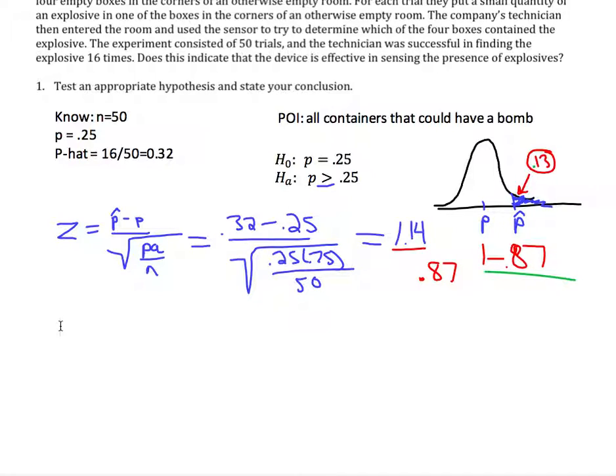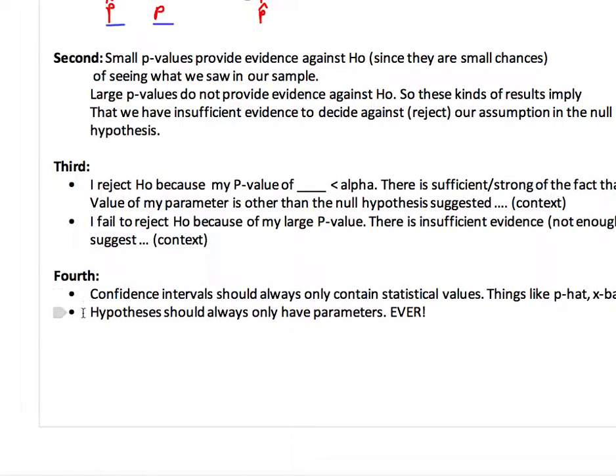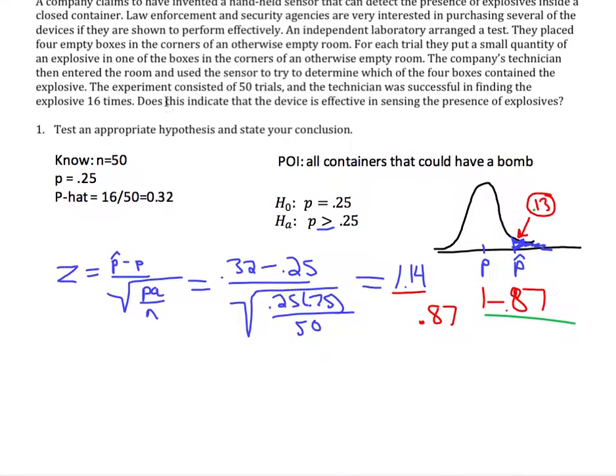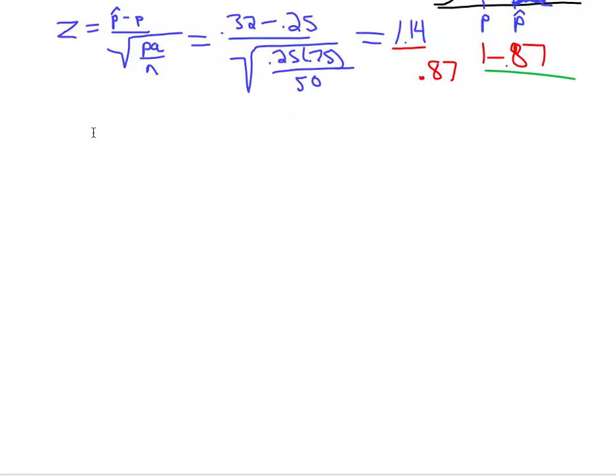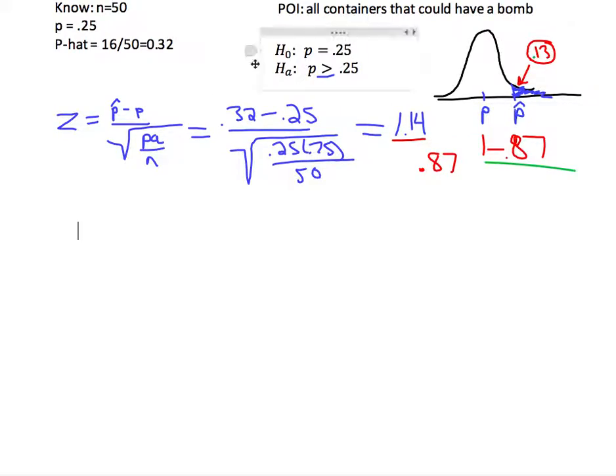So let's write out our conclusion to finish this hypothesis test. Remember, we're going to refer to what we talked about in the last video and make sure that our conclusion follows one of these two forms right here. Either I reject H sub O or I fail to reject H sub O. One of those two things is what we want to do. So in this one, do we have a large or a small p-value? I didn't even establish an alpha level. I don't have to. It's a good idea to start thinking about doing that, but what's most important is the p-value.